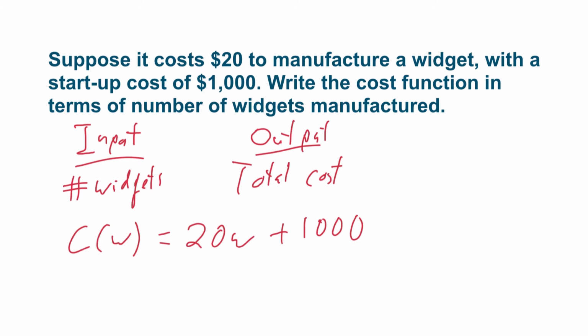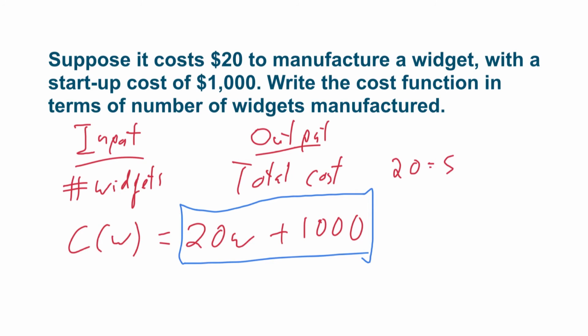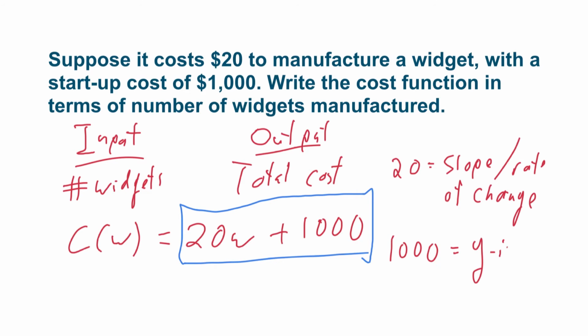And this is my model. So we can interpret 20 as the slope of this line, or the rate of change, and 1,000 as the y-intercept, or starting value.